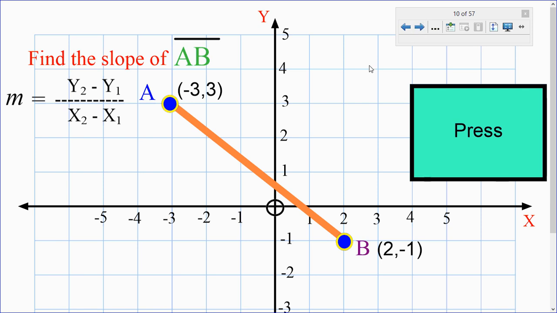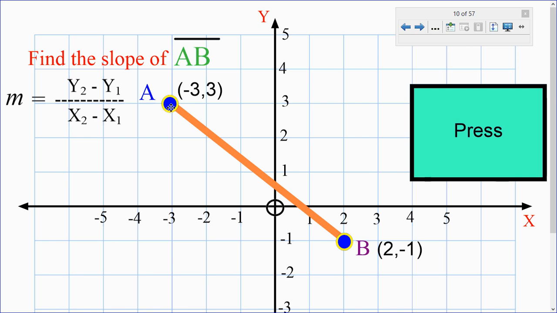So here's a problem for you to try. Here's your point A, -3, 3, and here's your point B, 2, -1. So see if you can find the slope. Now I notice it's facing down, so it's going to be a negative slope. That's because we're always standing on the left side of the line and looking to the right.